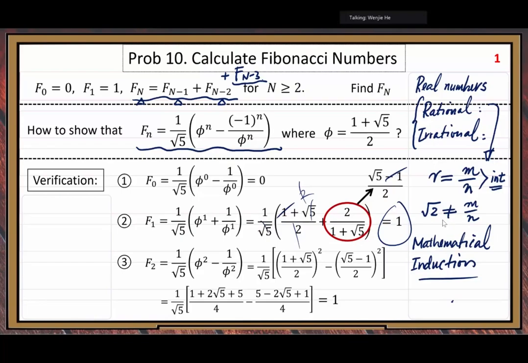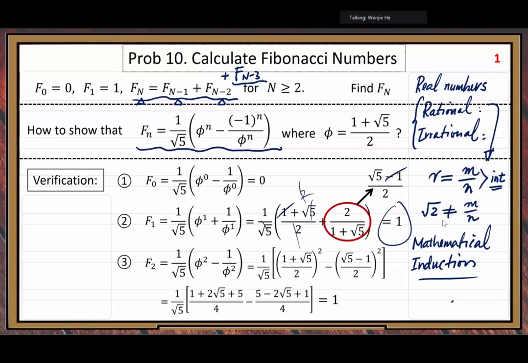But in this case 3 verification, I didn't apply any special property of the golden ratio, because it's not too hard.